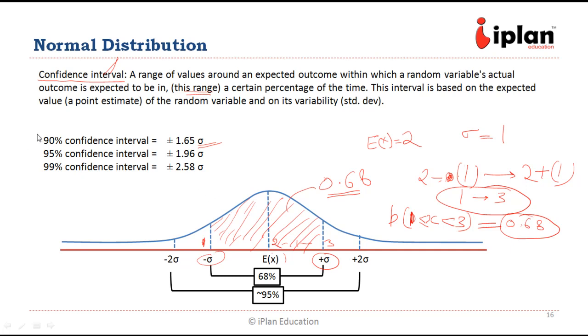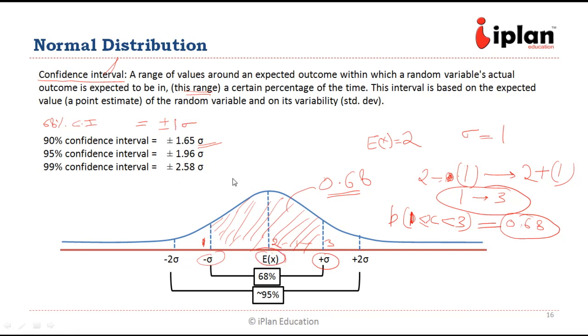We can say that 68% is our confidence interval. In this case, we are 68% confident that the value will lie within plus or minus 1 sigma from the mean.